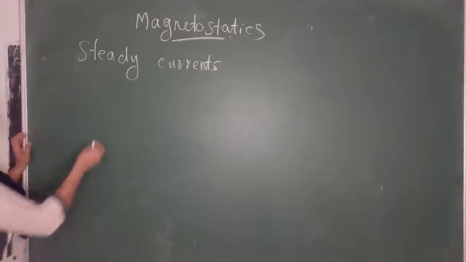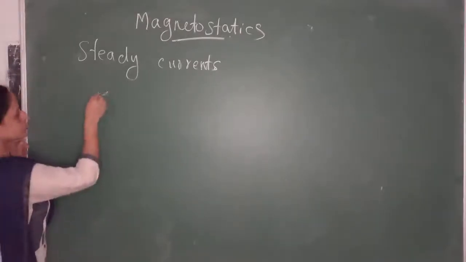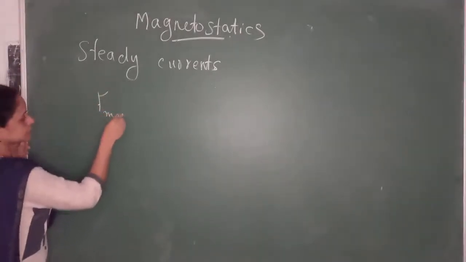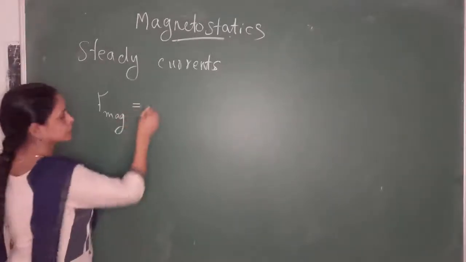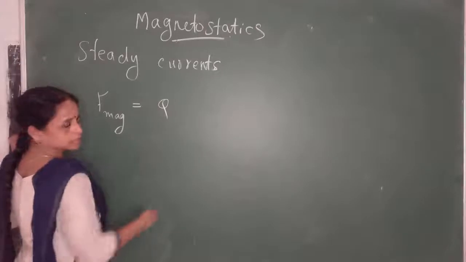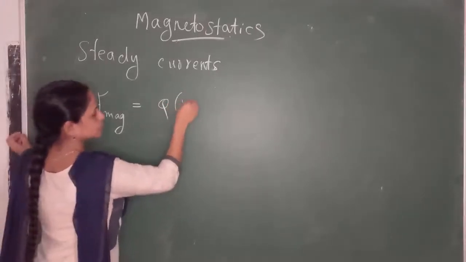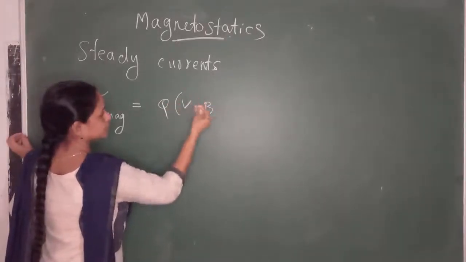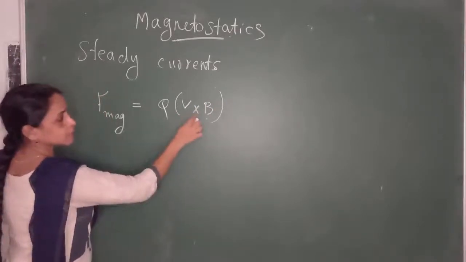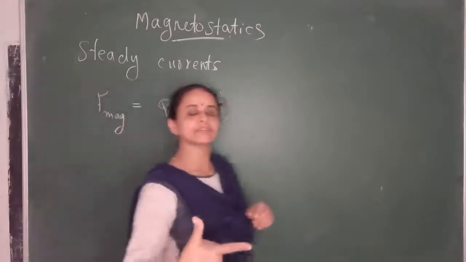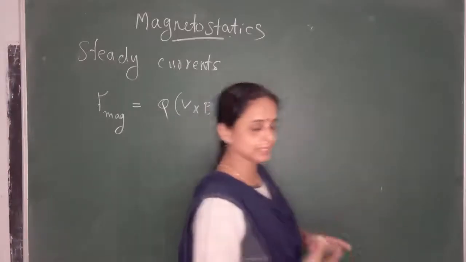The magnetic force acting will be given by the charge into V cross B. This is the cross product. That is why we are dealing with the direction. We have to set the direction.